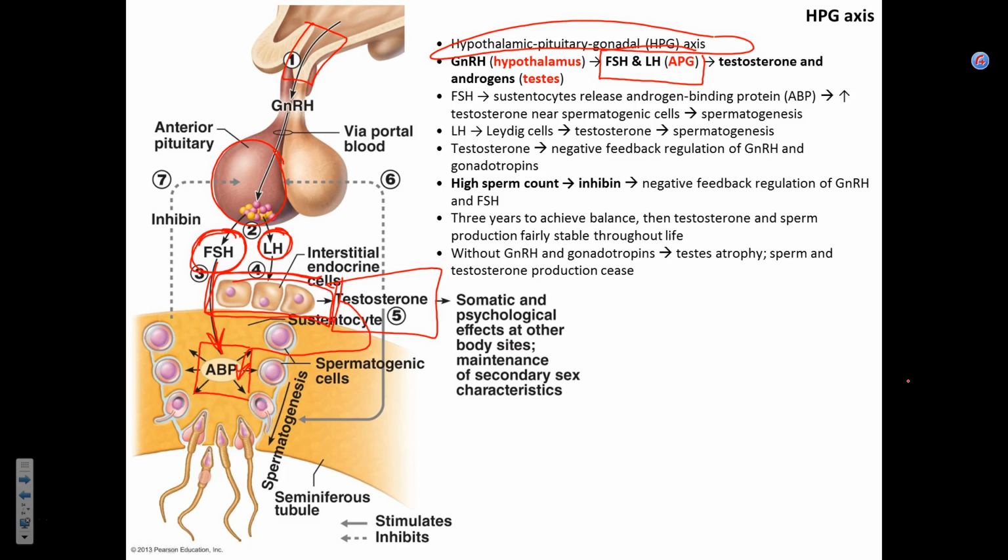Testosterone is androgen. Are we clear? So androgen binding protein pulls testosterone in, increases testosterone concentration here in the seminiferous tubules, and testosterone then stimulates spermatogenesis. Does that make sense?